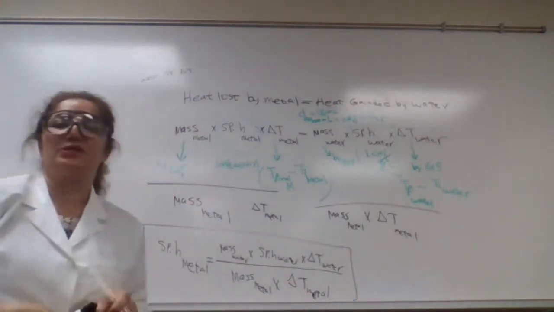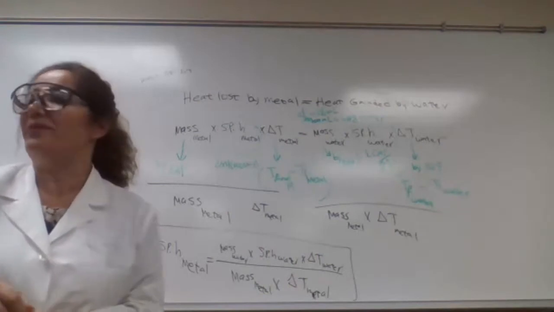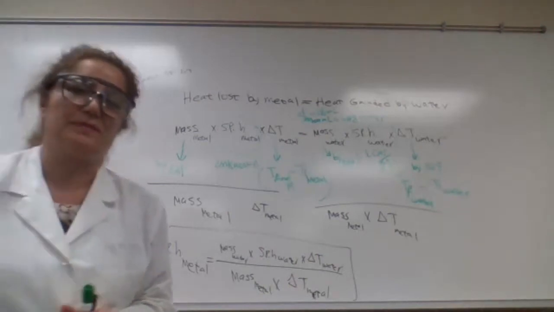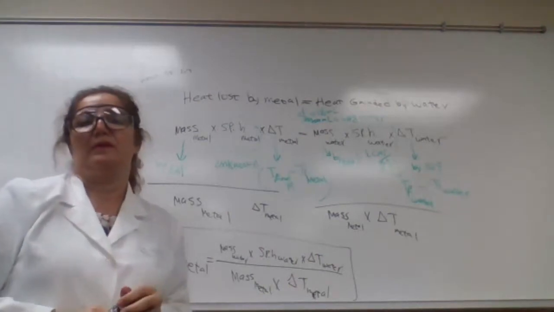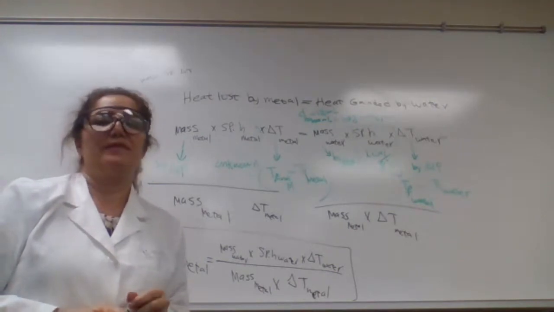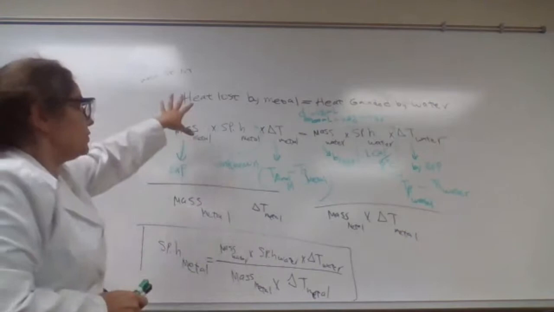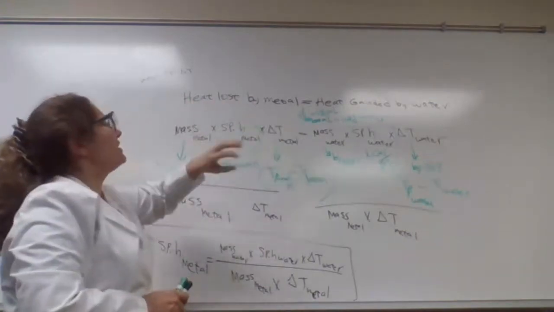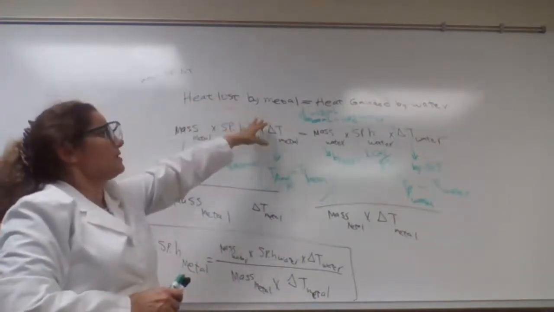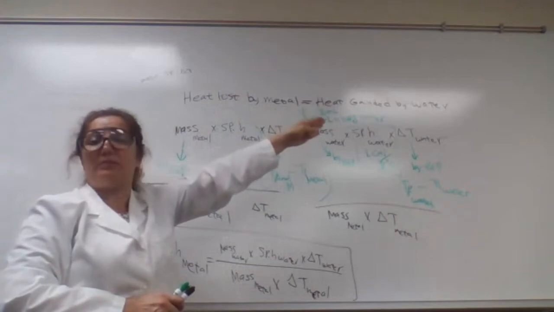Do you have any questions about the calculation? How we are going to perform the calculation? Are we fine with performing the calculation? So you are using the concept of the heat lost by the metal equals heat gained by water.